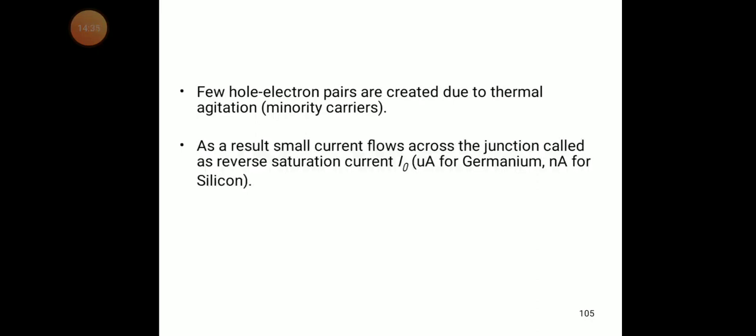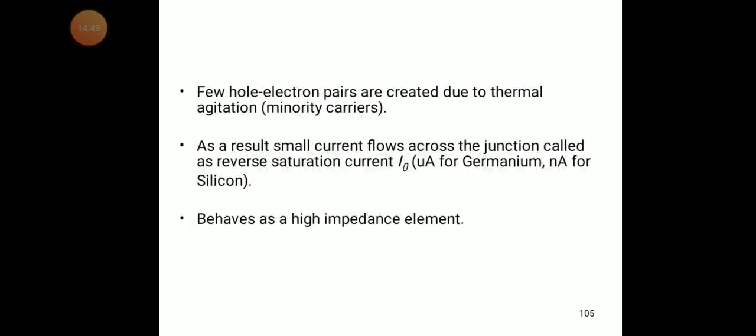As a result, a small current flows across the junction, called the reverse saturation current. Microamps for germanium, nanoamps for silicon. In general we can say it is almost zero reverse saturation current.